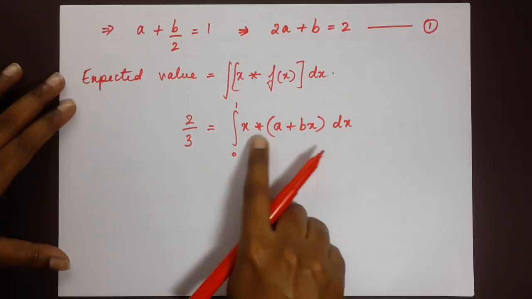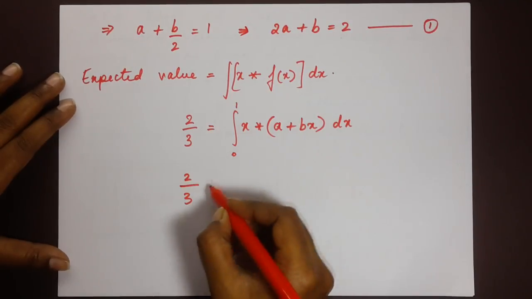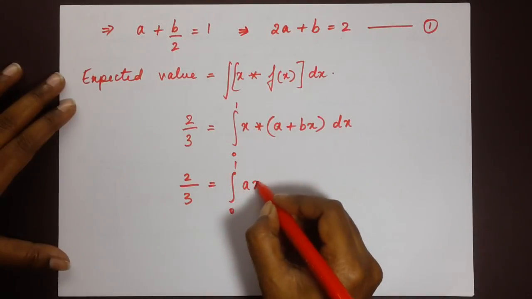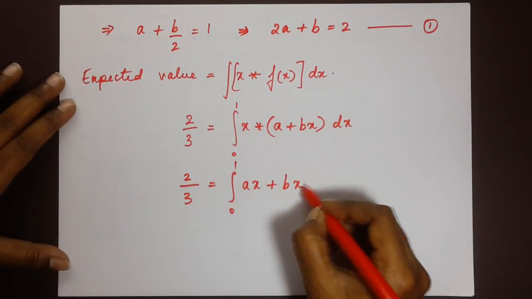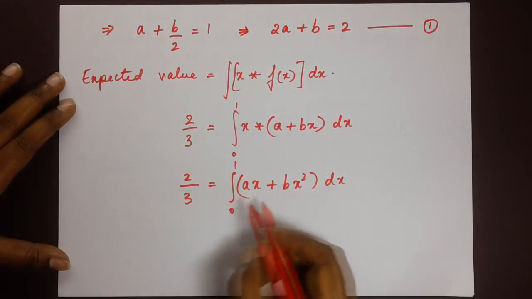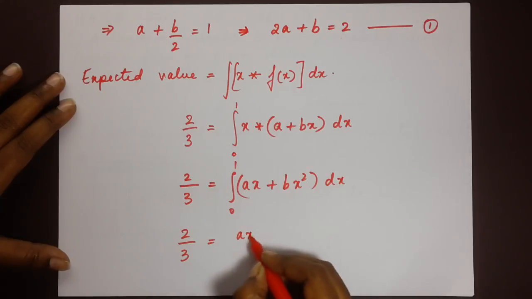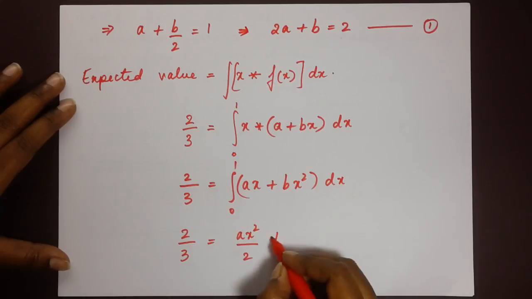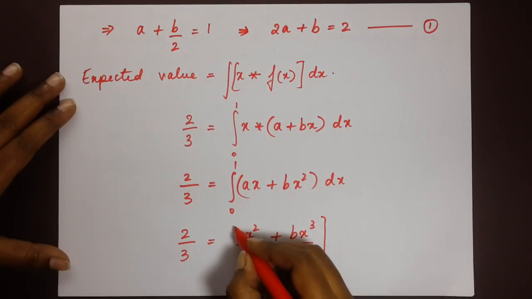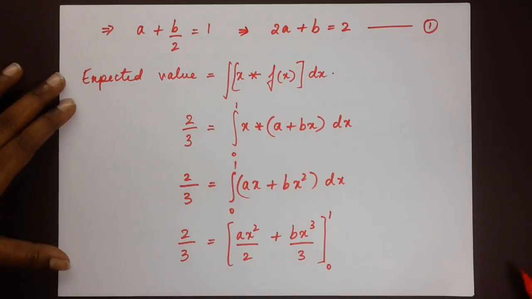Okay, so this is our expression now. If we multiply, we get ax plus bx squared. So that's our next step. 2 by 3 equals integral 0 to 1 of ax plus bx squared dx. Let's integrate it further. We get 2 by 3 is equal to ax squared by 2 plus bx cubed by 3 at the limits of 0 to 1.